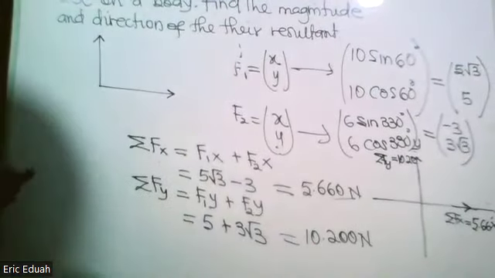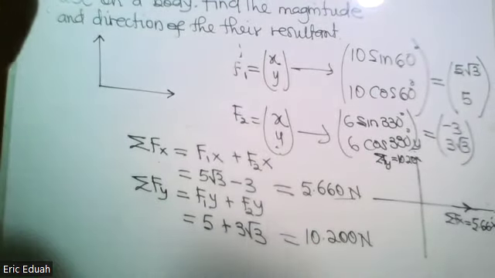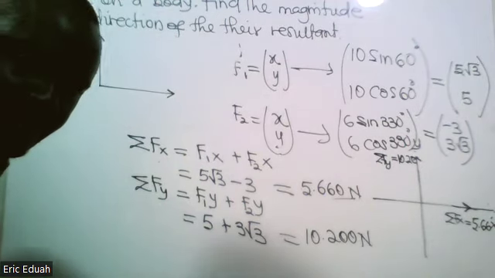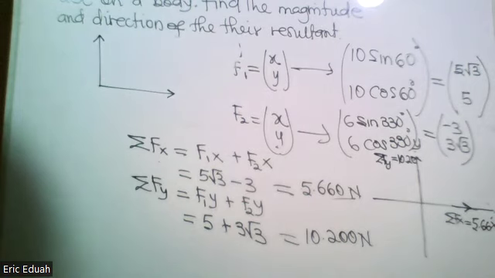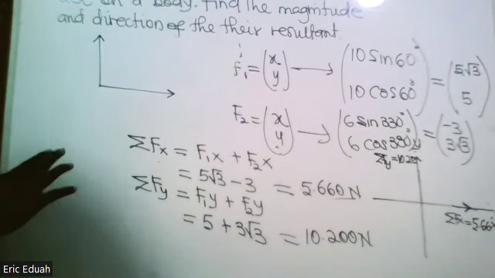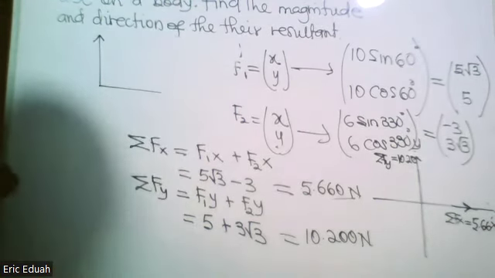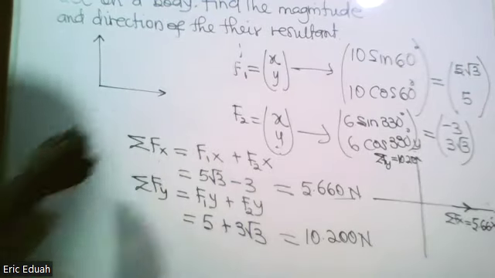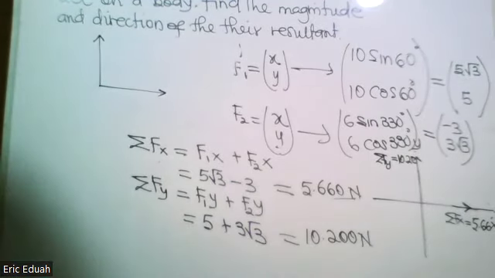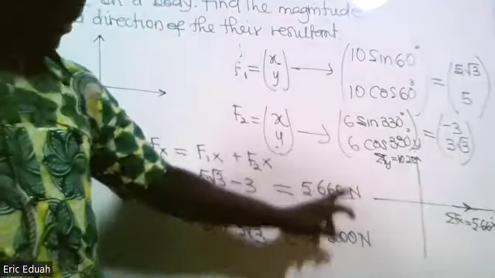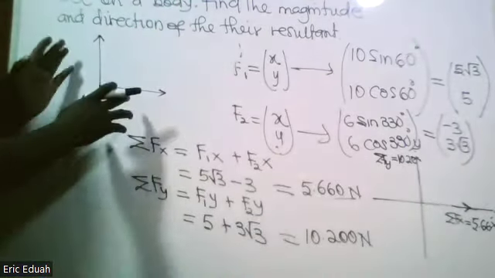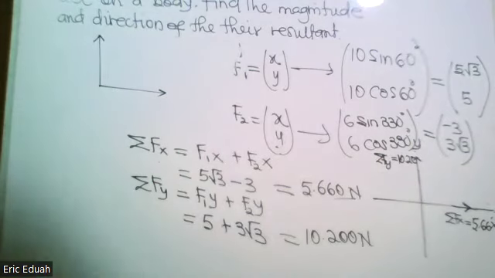If you have these vectors, how do you determine the resultant of them? By Pythagoras theorem, but before then, what do you have to do? We have to resolve it. No, we have resolved it, the reason for which we have the x and y component. But if you have two vectors in this manner, how do you determine their resultant?